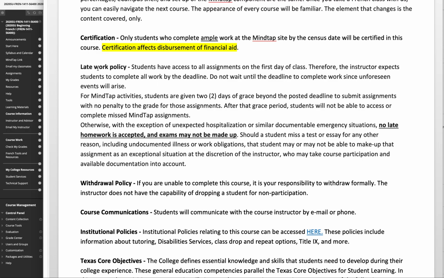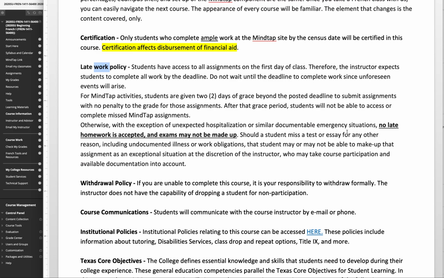Something that you have to know about this class: it is an intensive class. It is a class that demands discipline, that demands self-determination. Right? So I want to make you aware that there is no late homework accepted. Exams are not to be made up if you miss them. So please work ahead. That would be the biggest piece of advice that I can give you.